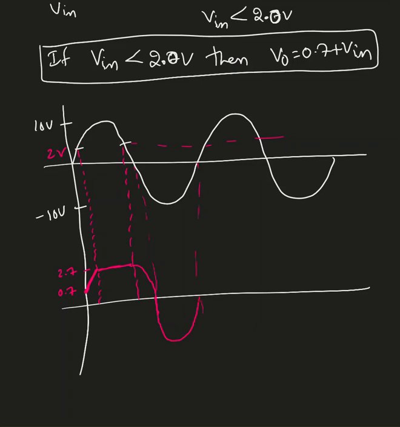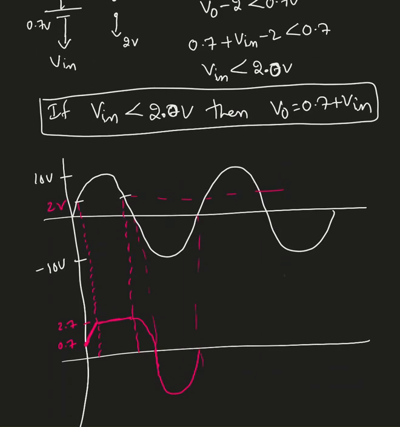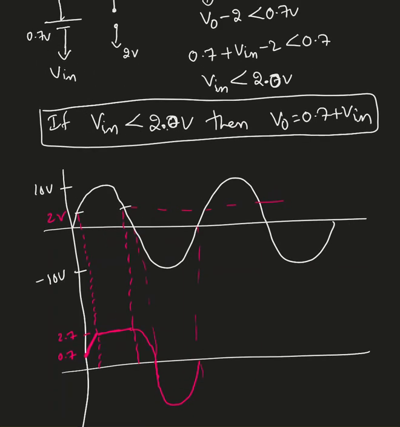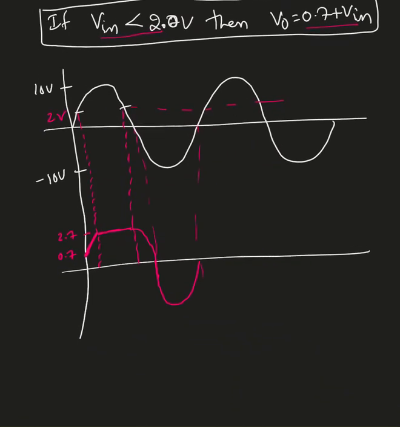But the only thing is, here it says less than 2 volts. If the input voltage is less than 2 volts, output is this much. So if my input voltage is negative 10, what is my output? Negative 9.3 volts. So basically the waveform is going to be shifted 0.7 volts.